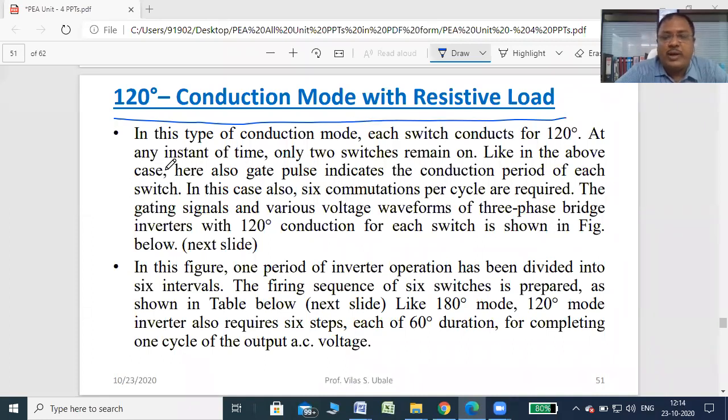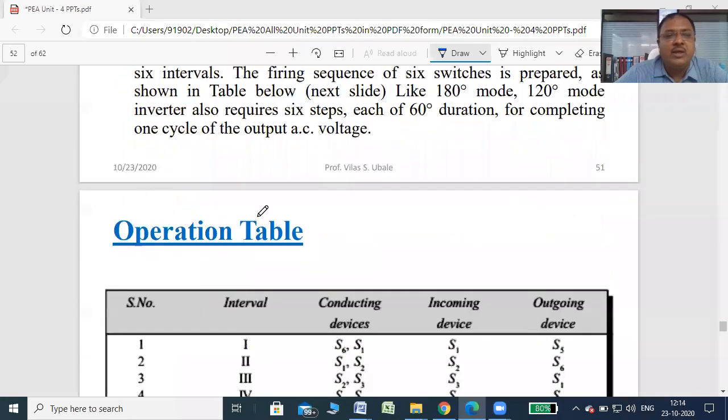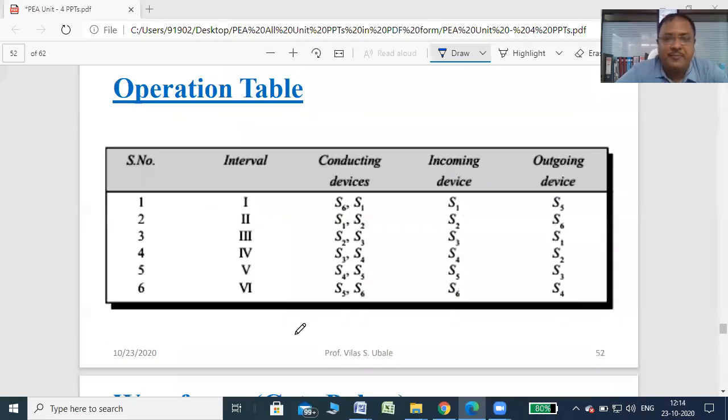As in 180 mode, the 120 mode inverter also requires 6 steps, each of 60 degree duration, for completing one cycle of output AC voltage. Now see this particular table. In interval 1, only S1 and S6 are on. S1 is the incoming device, S5 is the outgoing device. Then S1, S2 are on, S2 is incoming, S6 is outgoing.